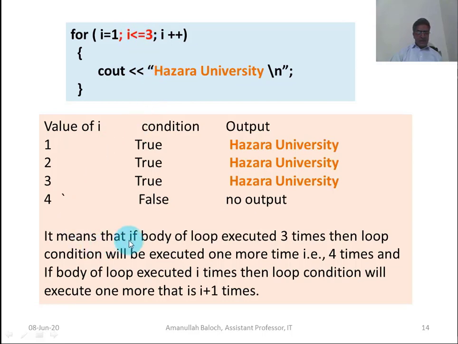If the body of the loop executed I times, then the loop condition will be executed I plus 1 times. This was a little bit of concept which we will use in our insertion sort algorithm.